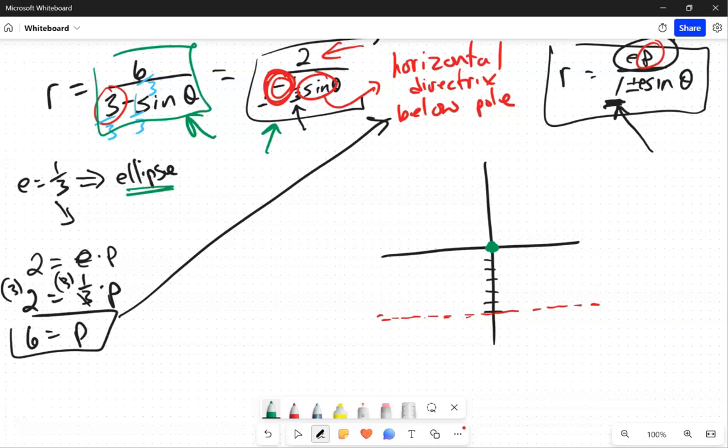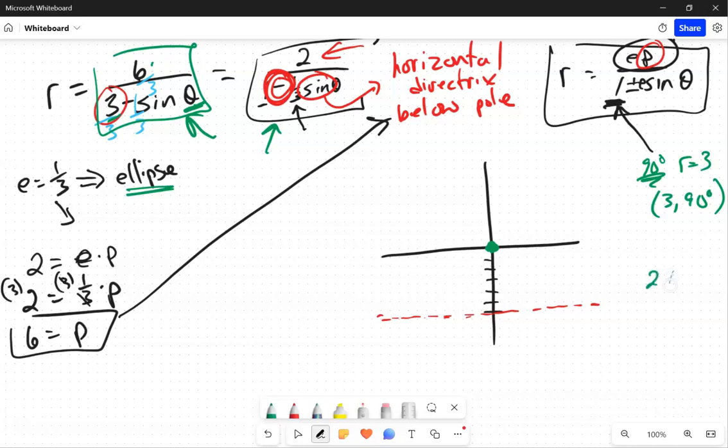If I plug 90 degrees in for theta, I have sine of 90 degrees, which is 1. Then 3 minus 1 is 2, and 6 up top divided by 2 is 3. So at 90 degrees, R is 3, which means I have a coordinate of (3, 90) in polar form.